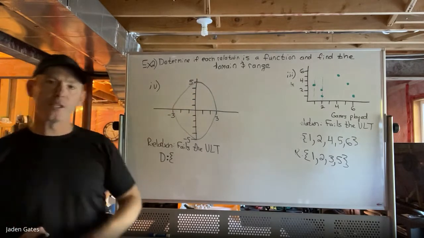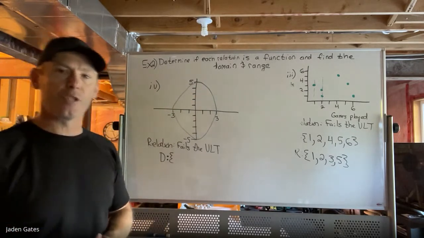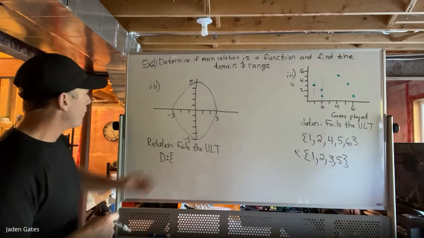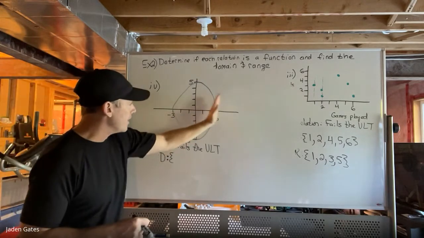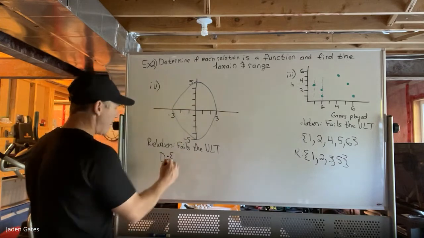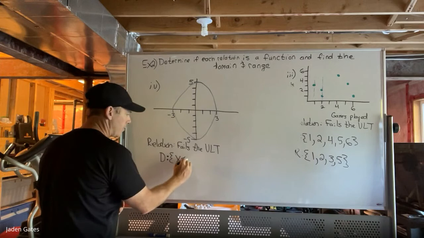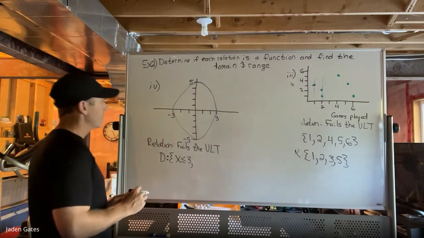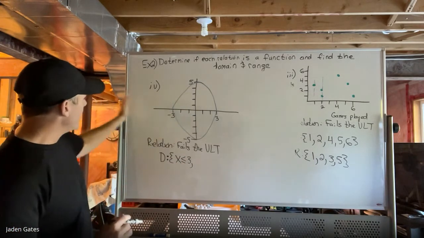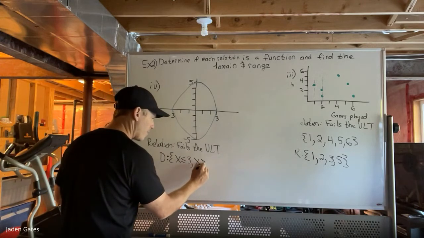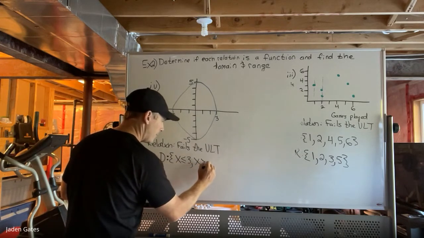So there's a couple ways to write it. I'm going to write it the easy way first and then the combo way second. It's up to you. It doesn't matter which way. So first off, this graph never goes past 3. So x is less than or equal to 3. But it never goes past -3 either. So I'm going to say that x is also greater than or equal to -3.